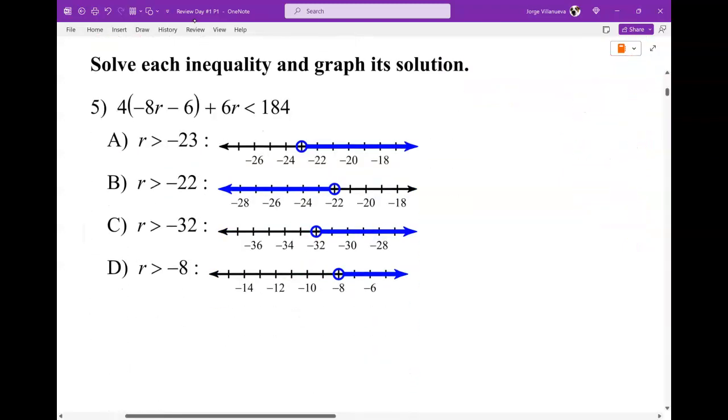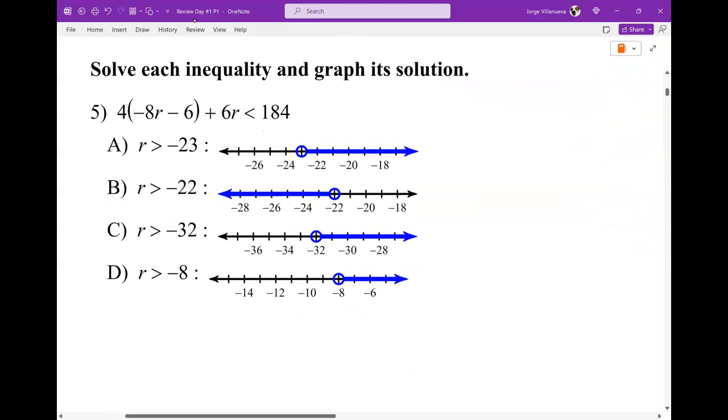All right. So number 5, solve each inequality and graph its solution. So I'm going to have to solve, and then I'm going to have to figure out the graph. Okay. So let me first distribute.